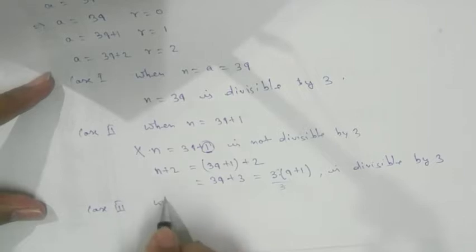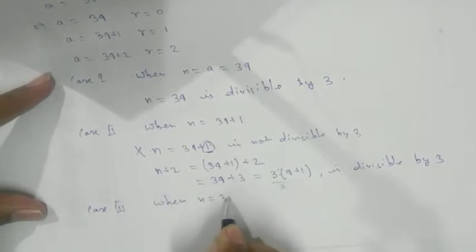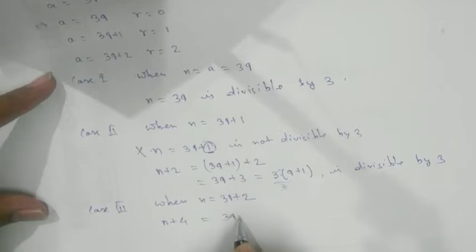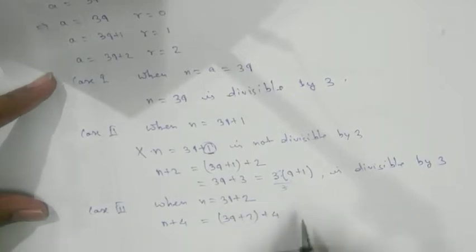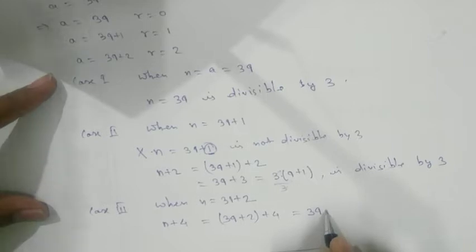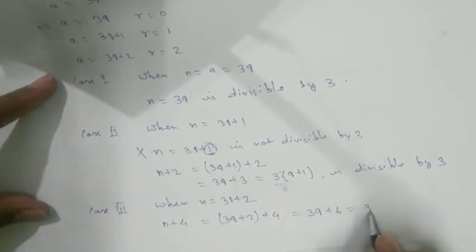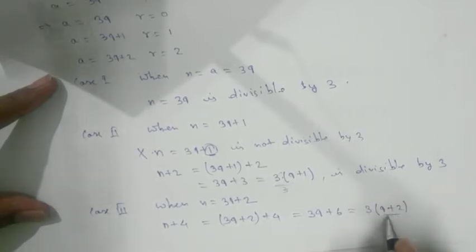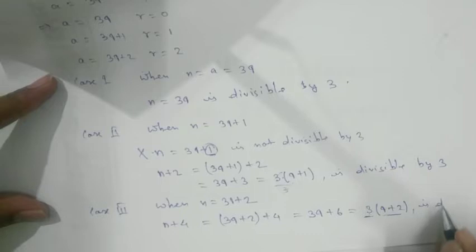So what you can see, when n equals 3q plus 2, n plus 4 can be written as 3q plus 2 plus 4. And look at here, 3q plus 6. Here you can take common 3, q plus 2, and look at here, 3 into q plus 2, this is an integer and this is another integer, and a multiple of integers will give an integer. And it is a multiple of 3, that means it is divisible by 3.